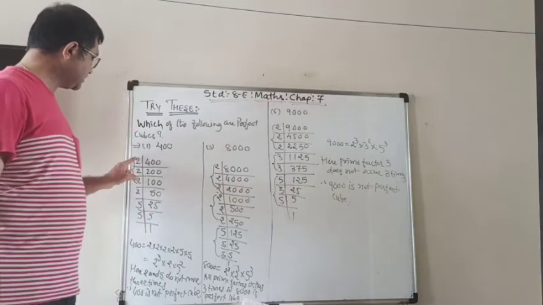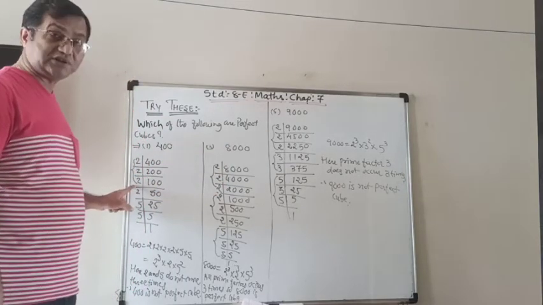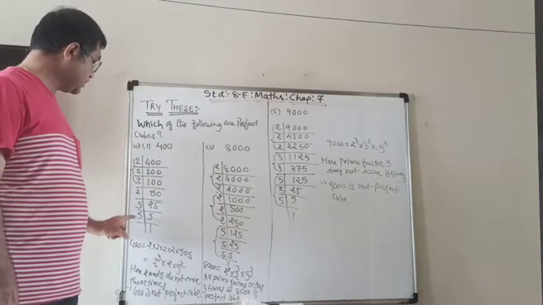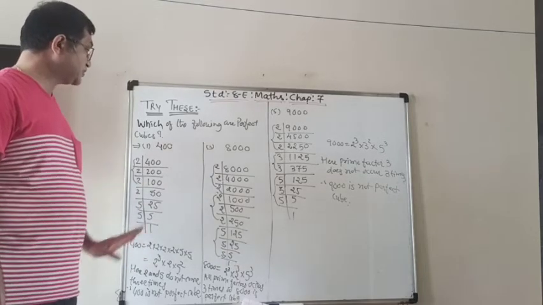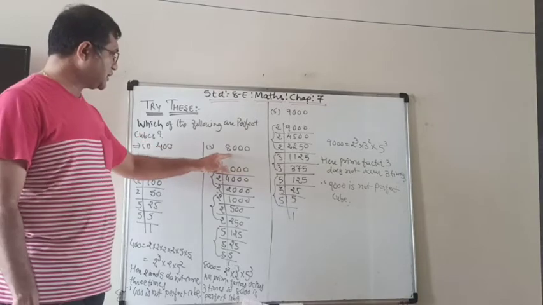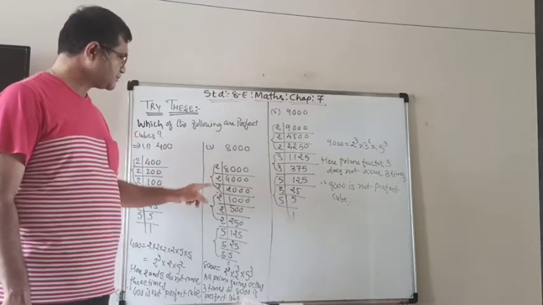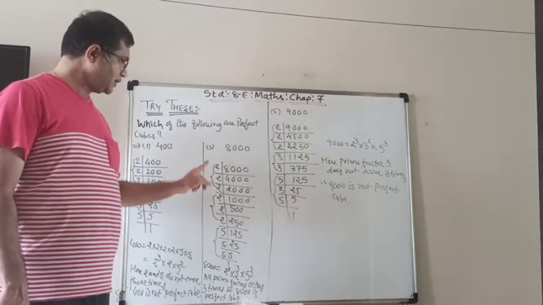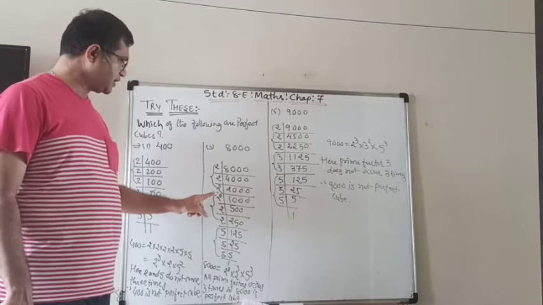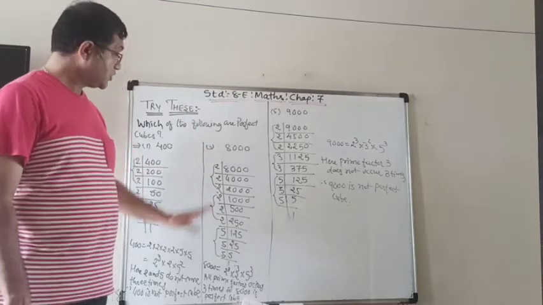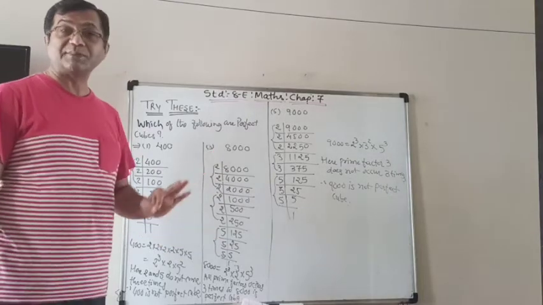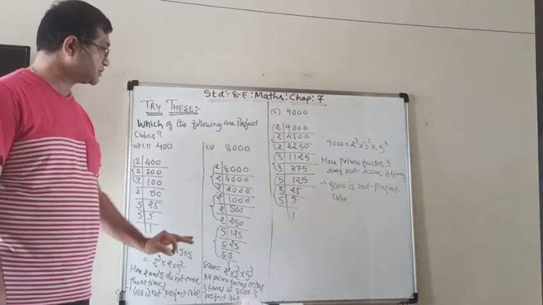So here you can see that only one 2 was in a triplet. The other 2 and 5 were not in triplets. Therefore it is not a perfect cube. But in the prime factorization of 8,000, all the prime factors, 2 is 3 times, again 2 is 3 times, 5 is also, all are in triplets. So here it is a perfect cube.